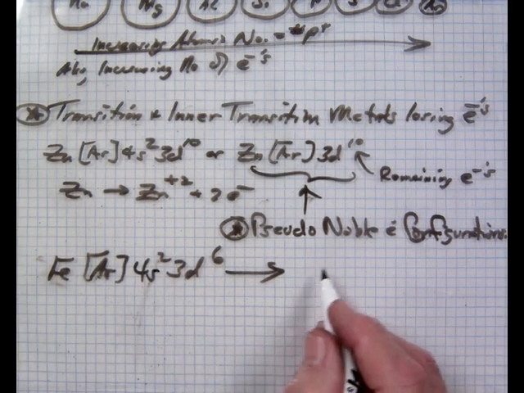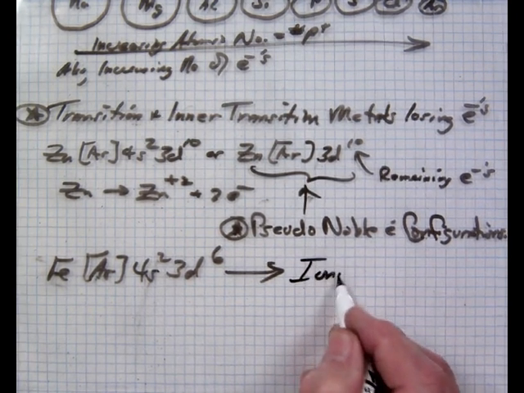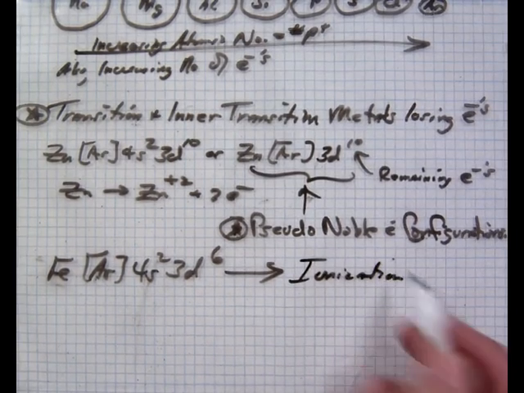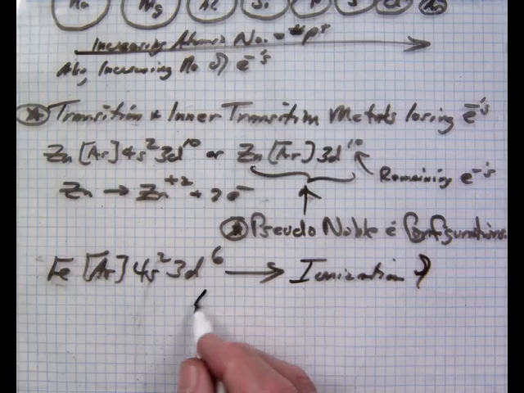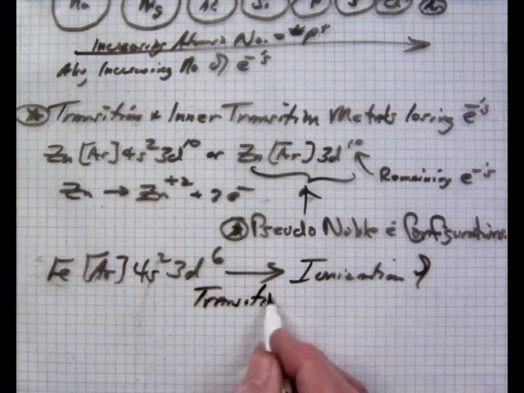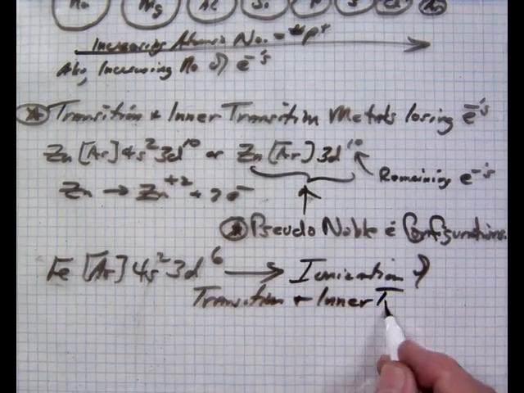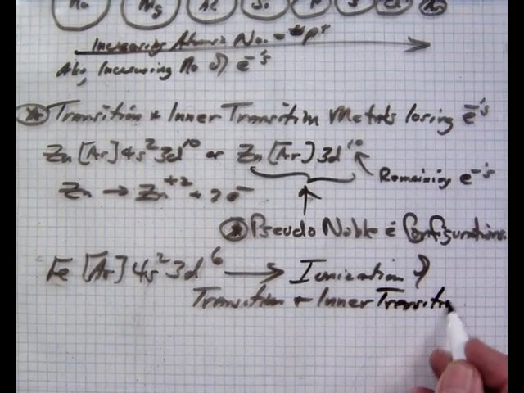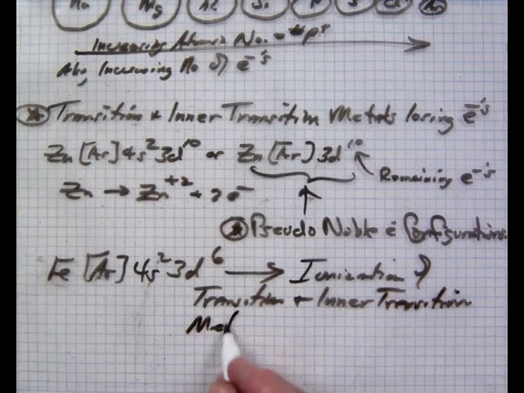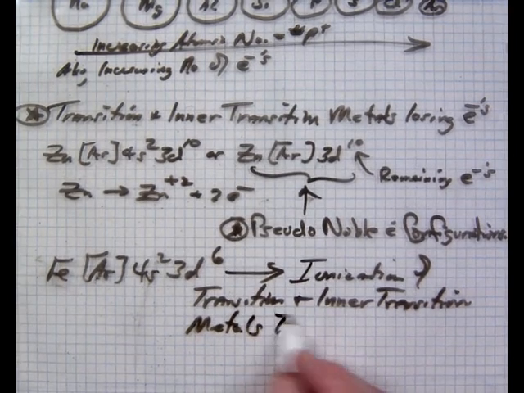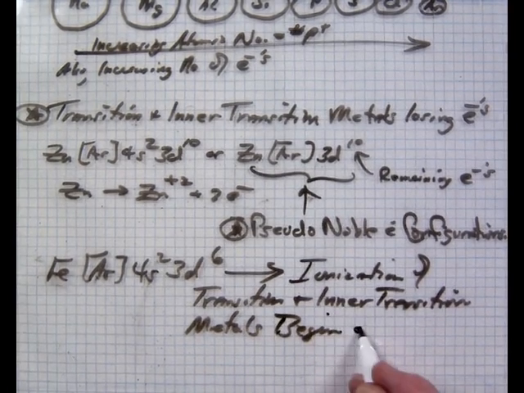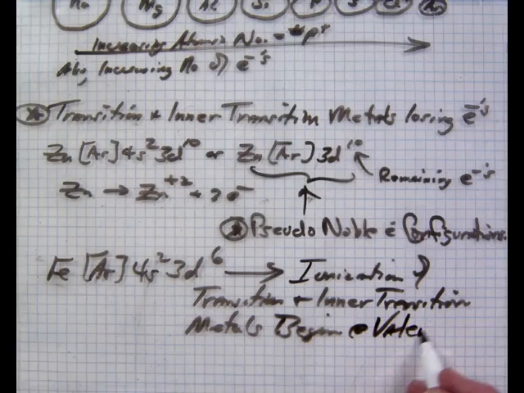But ionization of transition metals and intertransitions begins at the valence level.